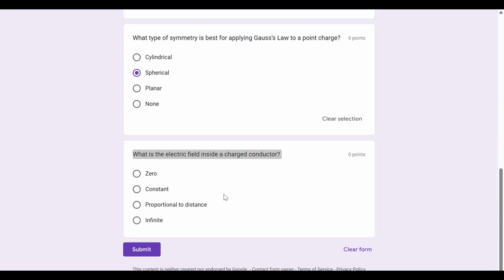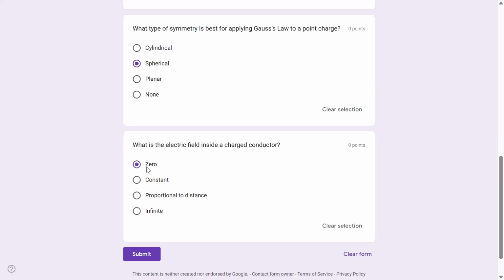So the electric field inside the charged conductor is zero. Already I told you, during a lightning strike we have to sit inside the car or inside the bus. So a Faraday cage is also another example. Very good.